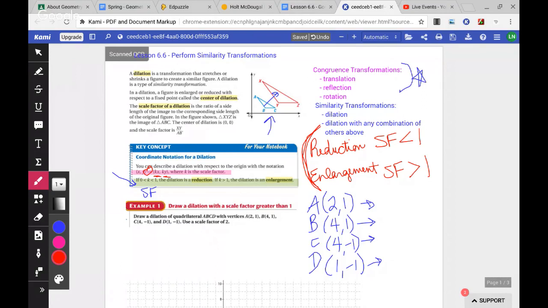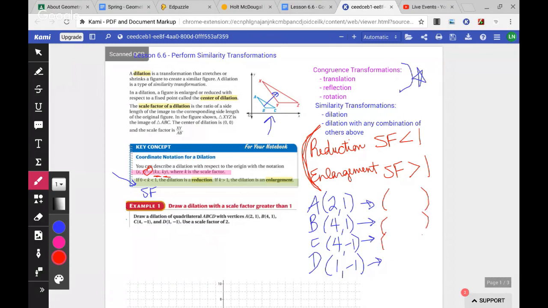That's how we're changing each of the coordinates. First example, we've got these coordinates for a quadrilateral. I wrote them here in blue, and we're going to use a scale factor of 2. So if you look up here in the pink, it says we're going to multiply each coordinate by 2. We're going to get new coordinates.